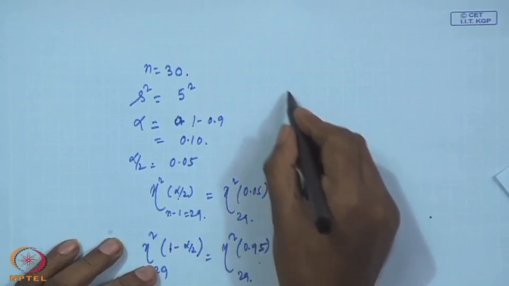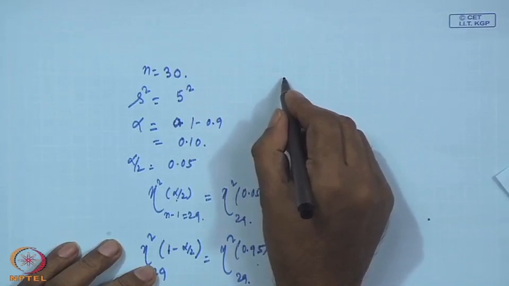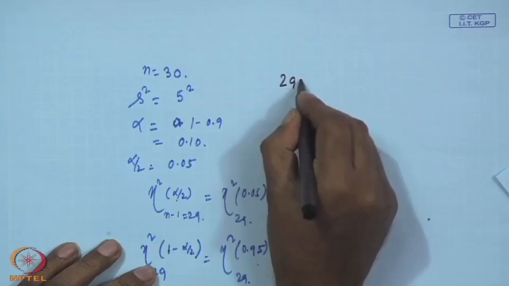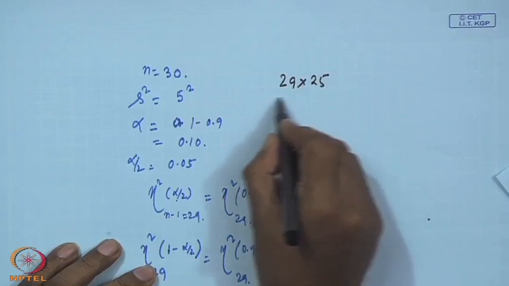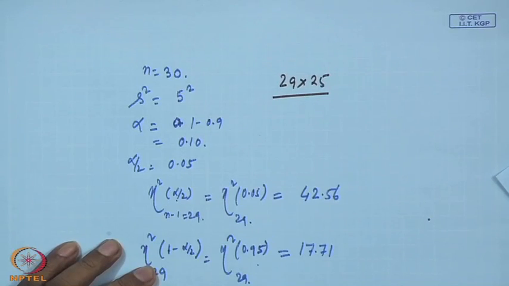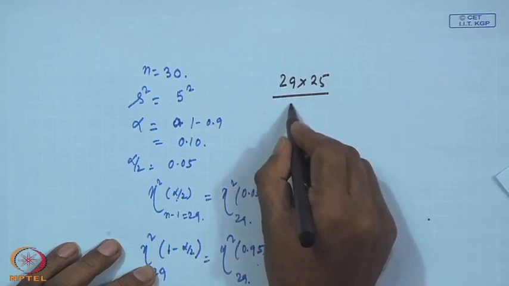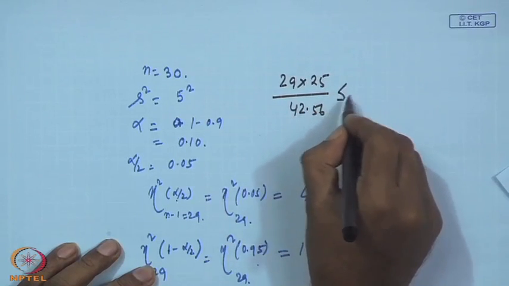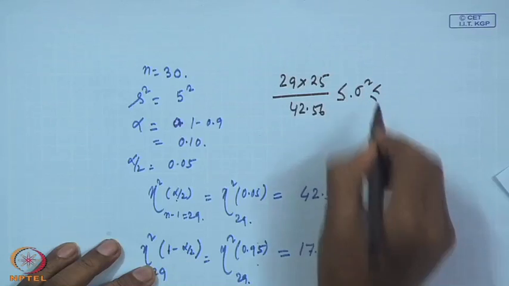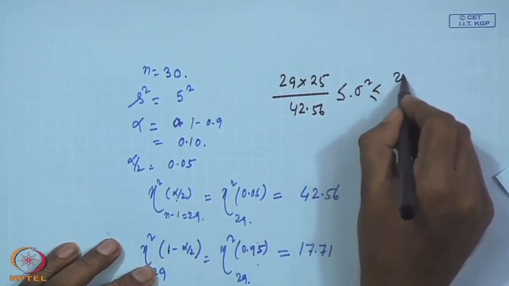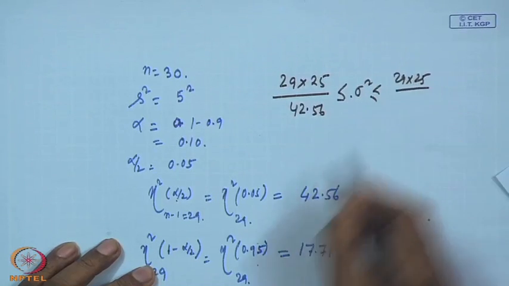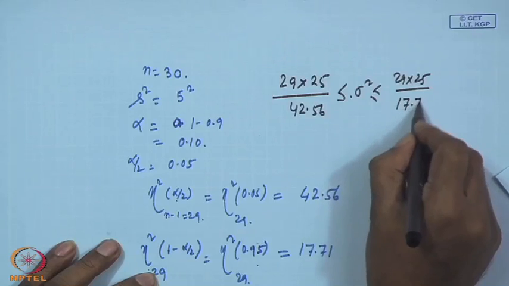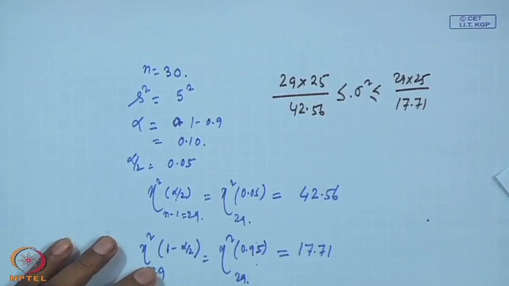Your computation becomes very simple: n minus 1, that is 29, into a square, 25, divided by chi square, that is 42.56, less than or equal to sigma square, less than or equal to 29 into 25 by 17.71, using the formula.